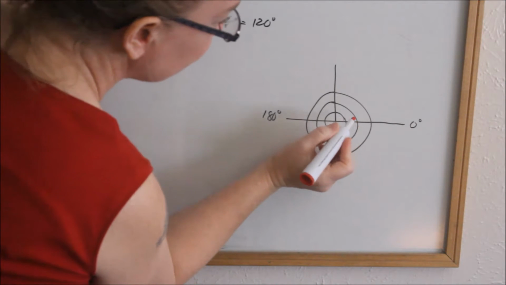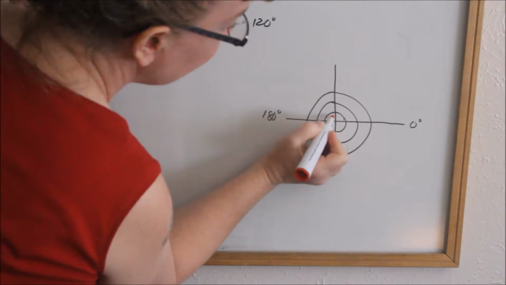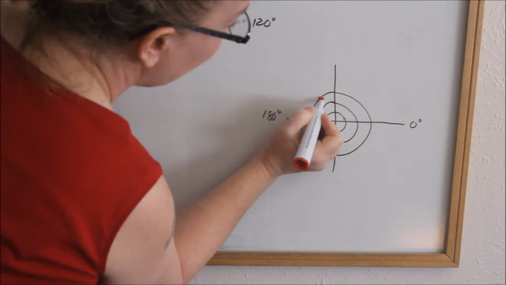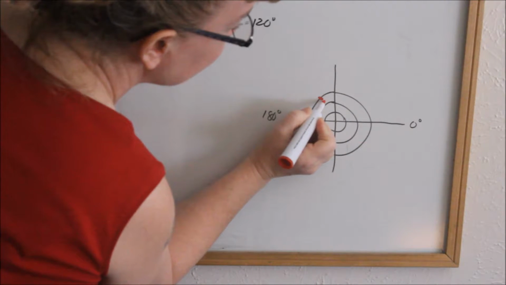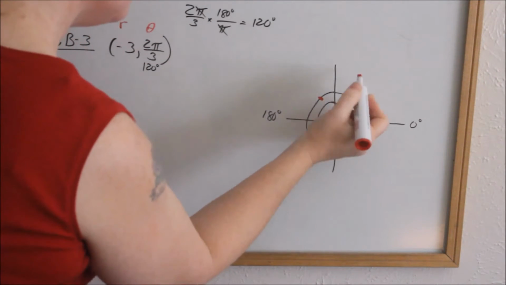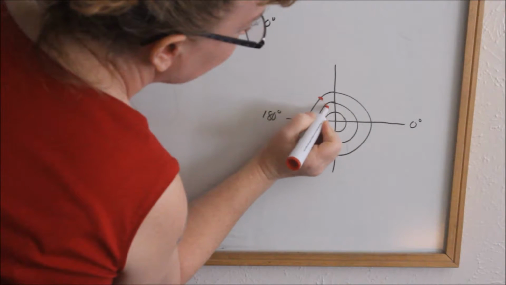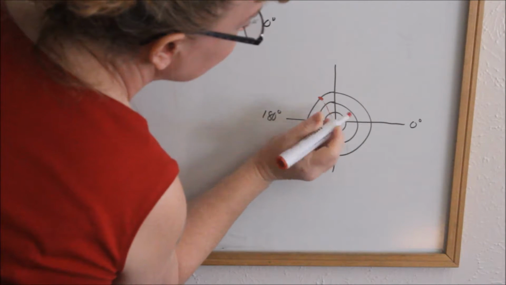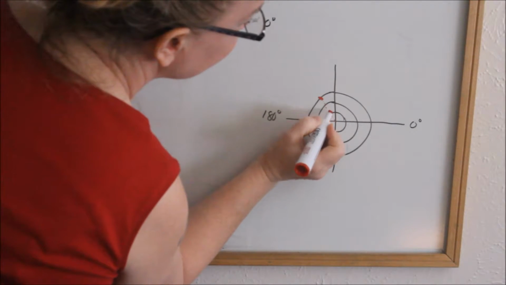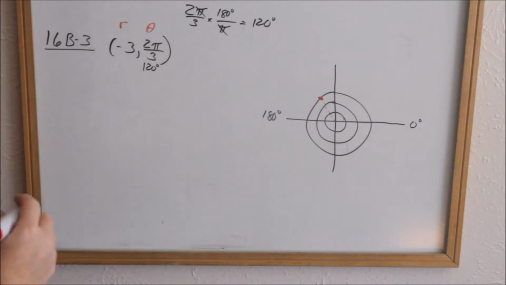So 120 degrees is somewhere here, 1, 2, 3. I'm out 3 units, and I'm going to draw that with a dashed line. Okay, that's a dashed line.